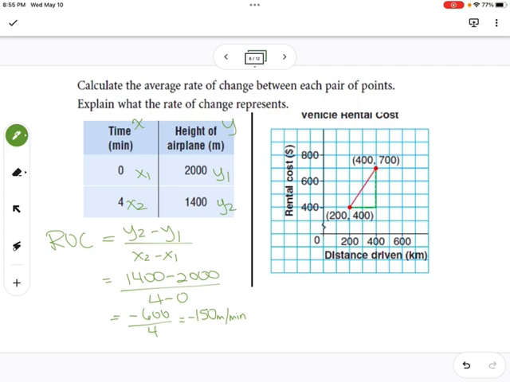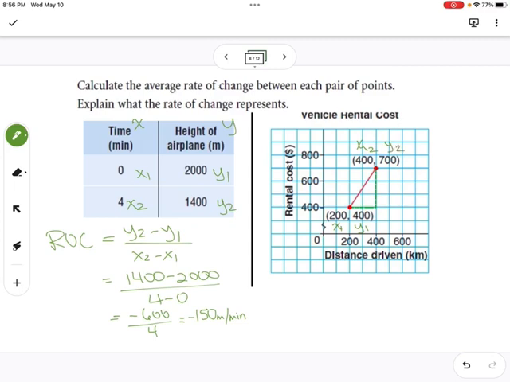Now, rate of change using a graph. This one here, we have vehicle rental costs, we have the distance driven, and the cost of the rental. So we have 2 points on the graph. The one at the bottom here, we are calling x1, y1, and the one at the top, we're calling x2, y2.